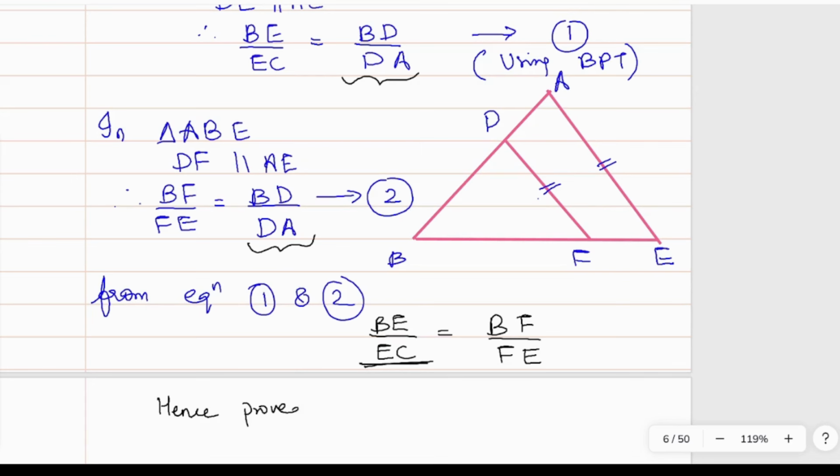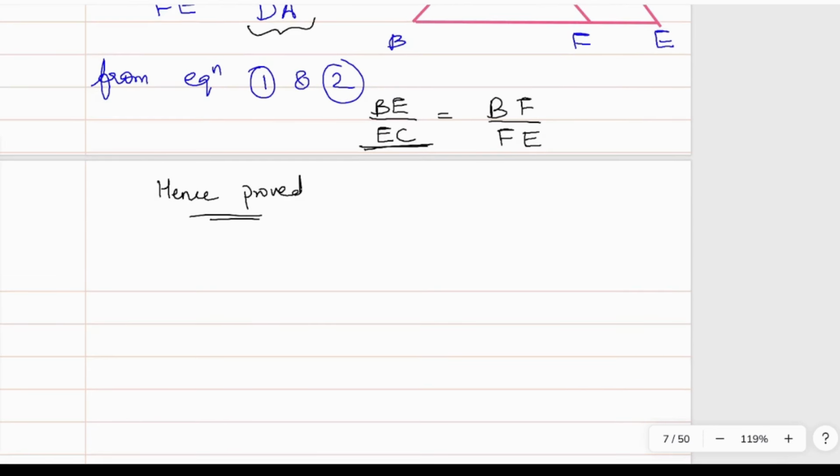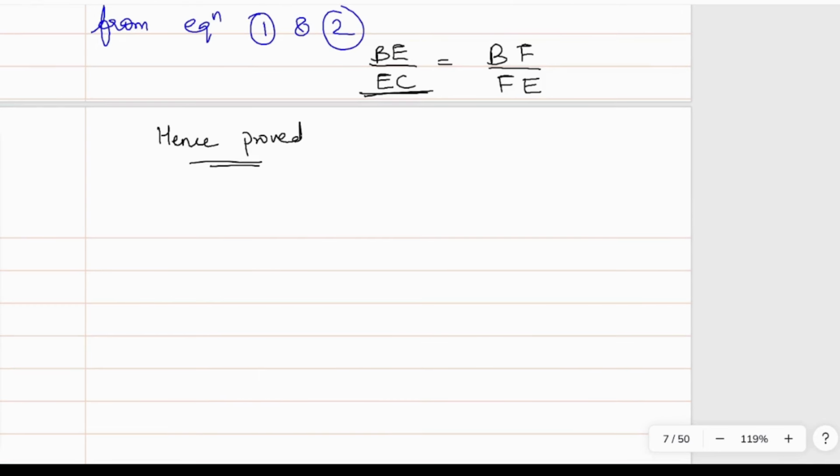Now let's do the next question. That is question number 5. In question number 5, it is telling that DE is parallel to OQ and DF is parallel to OR.